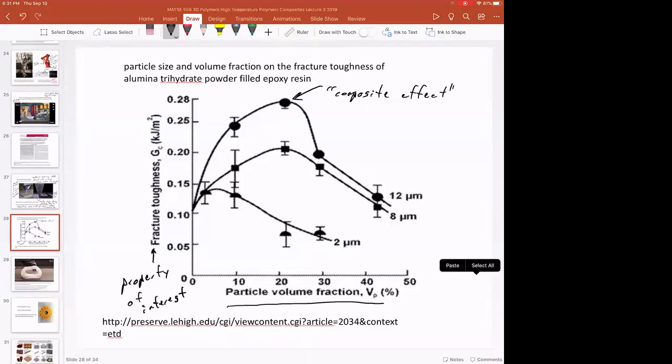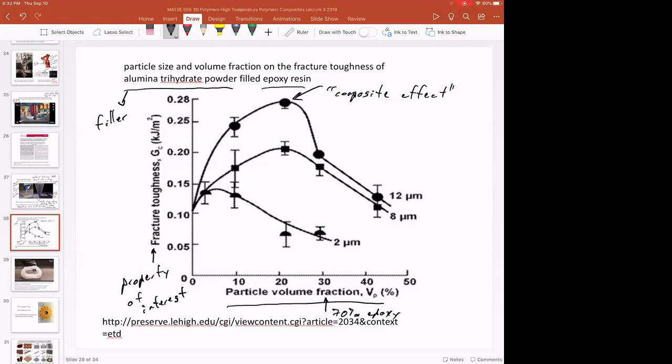In this case, it's alumina trihydrate powder, so this is our filler, and it's in epoxy resin, so that's our matrix. So with a particle volume fraction of 30%, this would be 70% epoxy, because our volume fractions have to add up to 1, and this is a two-component mixture.